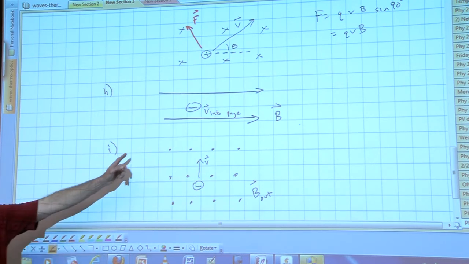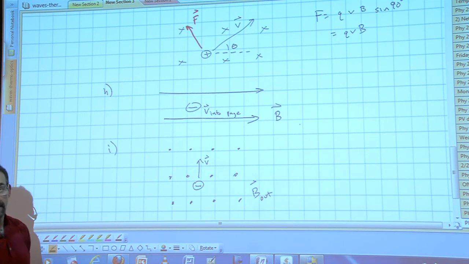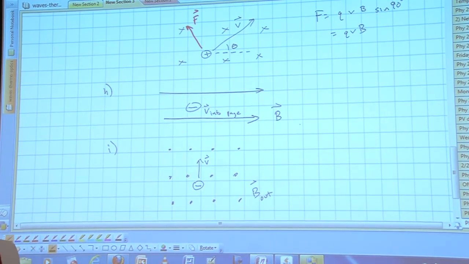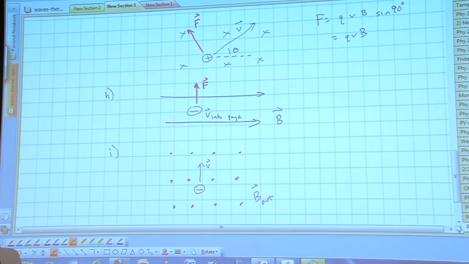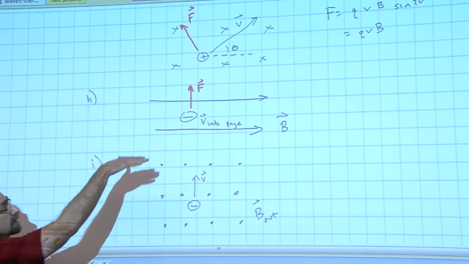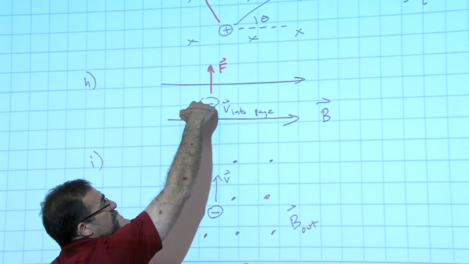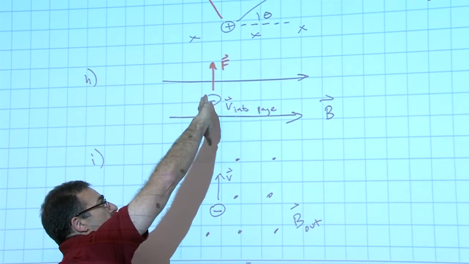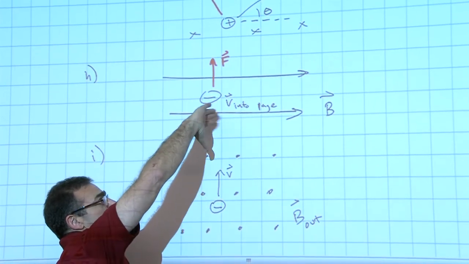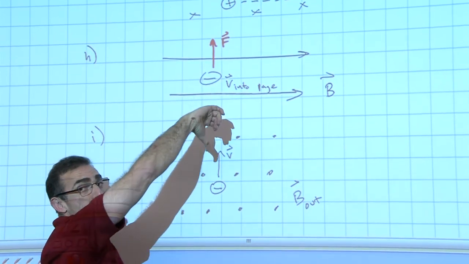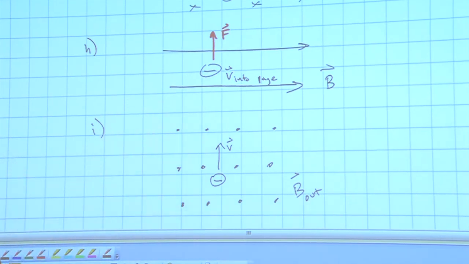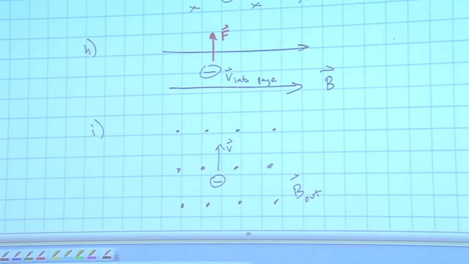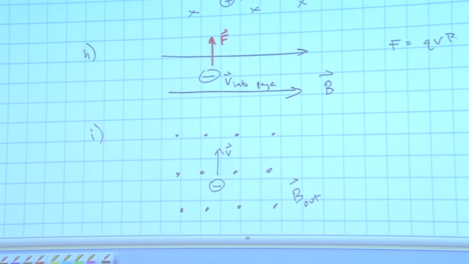Okay, what direction do we get? Towards the top of the page, right? Because it's a negative particle. V is in, and B is to the right. A force on a positive charge would be down, but we flip it 180 because it's a negative charge. So up towards the top of the page. And the magnitude would be QVB.